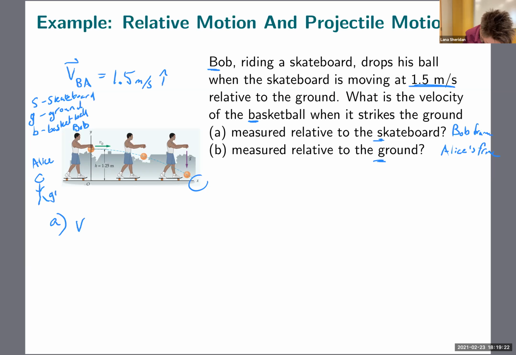This is the ground frame, and this is the skateboard frame. I'm going to denote the skateboard's motion relative to the ground. And what we want to find is the final velocity of the basketball relative to the skateboard.